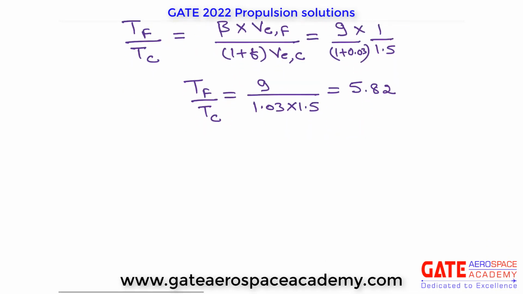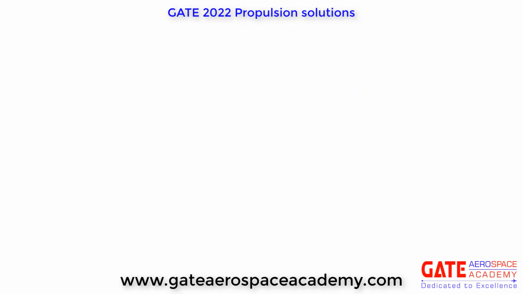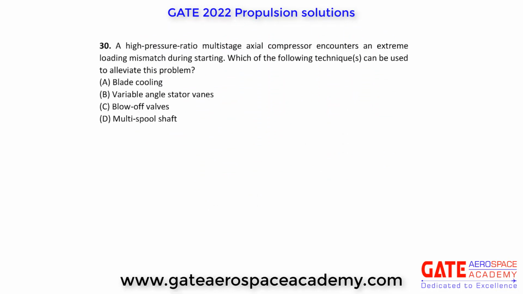Question number 30. A high pressure ratio multi-stage axial compressor encounters an extreme loading mismatch during starting. Which of the following techniques can be used to alleviate this problem? Option A, blade cooling.